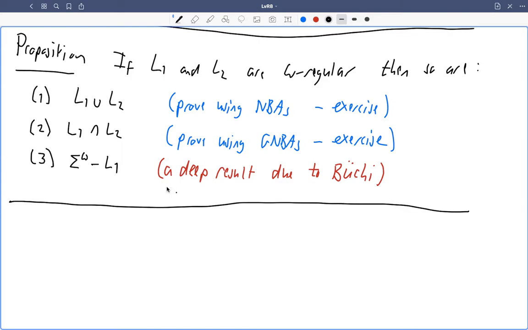For example, to prove statement 2 here, the closure of omega regular languages under intersection, and we are going to now use generalized non-deterministic Büchi automata to work further towards addressing the model checking problem for LTL.